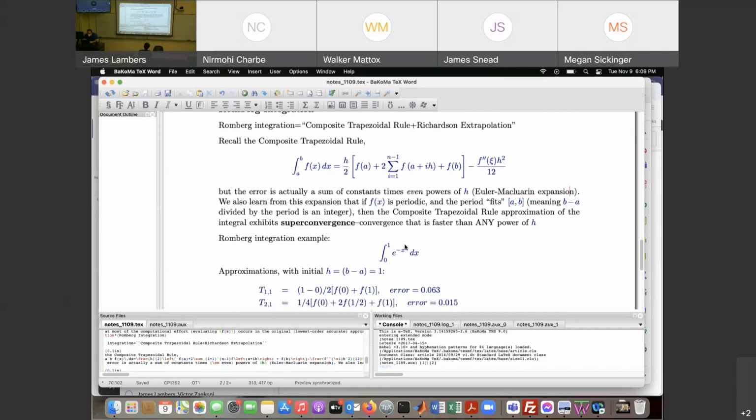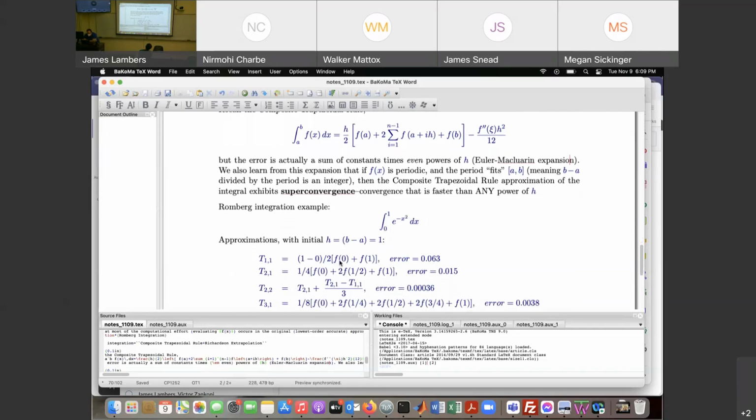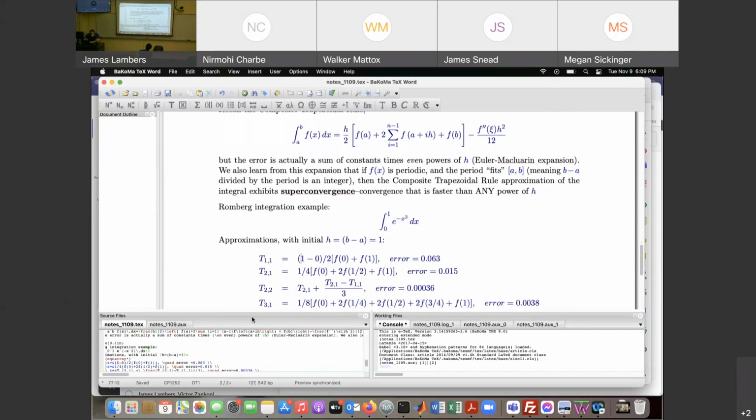So to show you Romberg integration, here's the integral that we'll try. And you choose an initial spacing. We're integrating from 0 to 1, so we'll just use h equal 1. So our first approximation is just, it's not even a composite trapezoidal rule, it's just a basic trapezoidal rule.